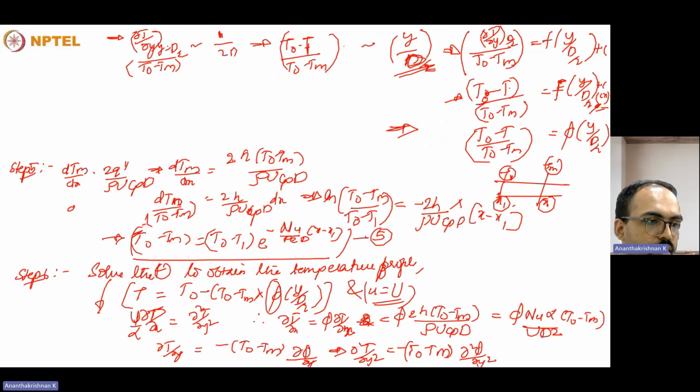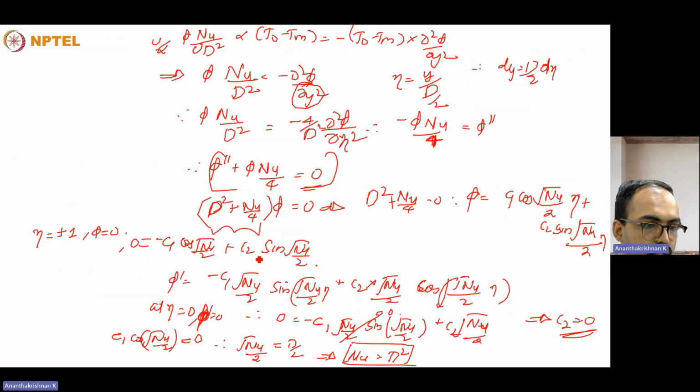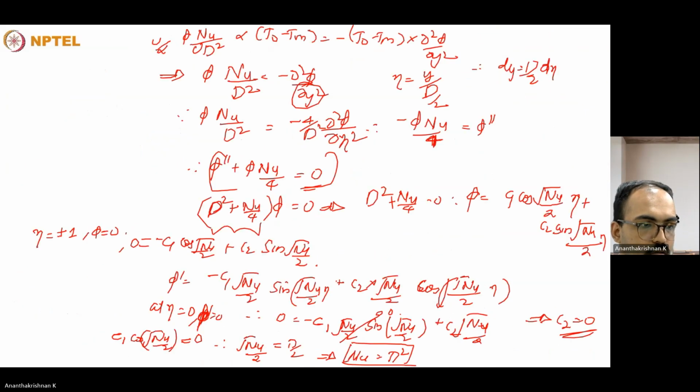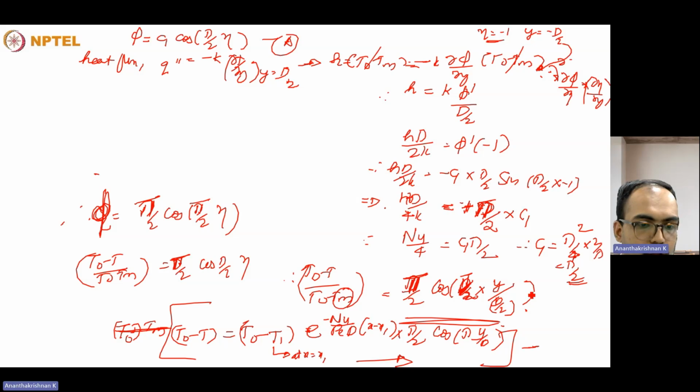So this is the final equation that gives the temperature profile. We have already calculated the mean temperature profile, and now we have this equation as well. The Nusselt number we have calculated is pi squared, and the final temperature profile is this one.